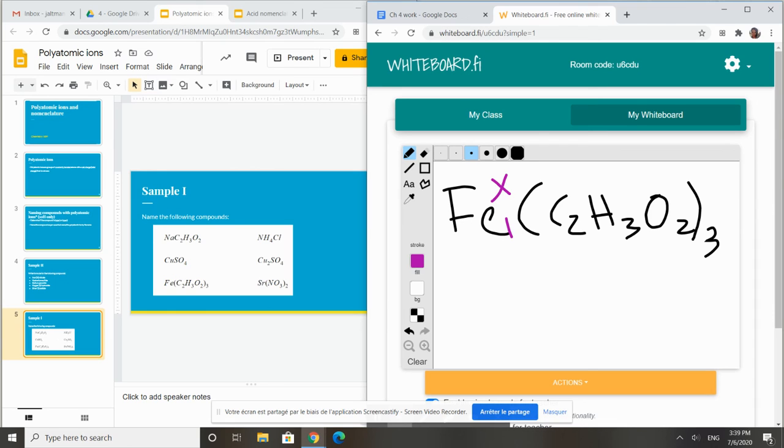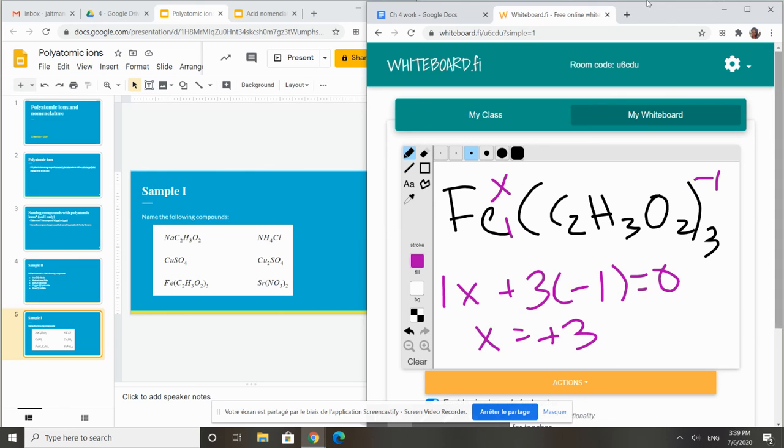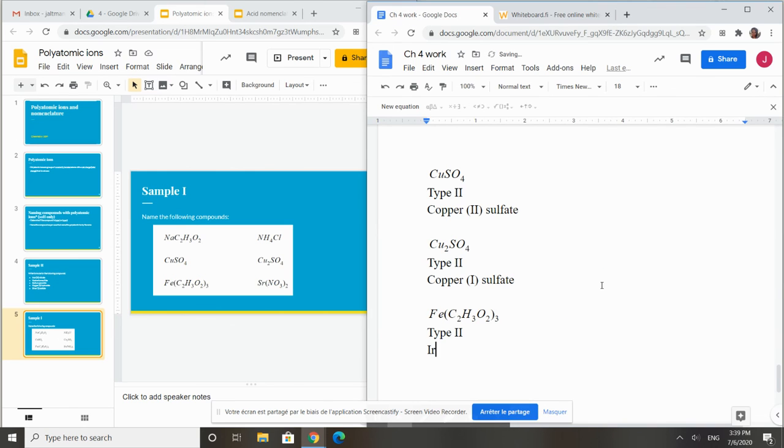C2H3O2, I go to my polyatomic ion sheet, I find it, I see it as acetate, and its charge is -1. So 1 times X plus 3 times -1 is equal to 0. X is equal to +3. So this is iron 3, because that's what I just got for my answer. And then C2H3O2 is acetate.